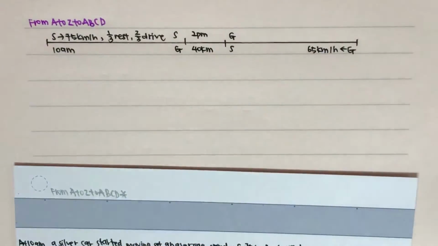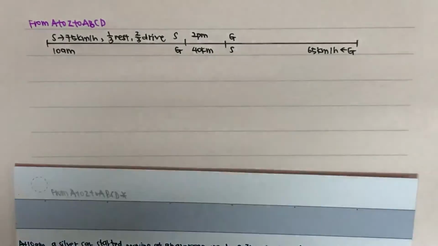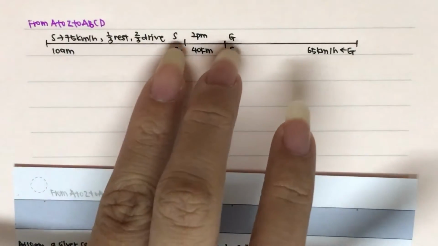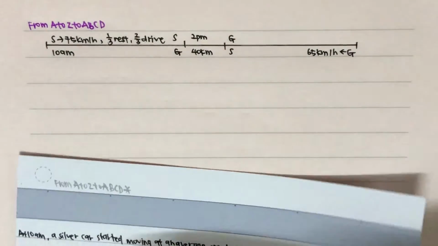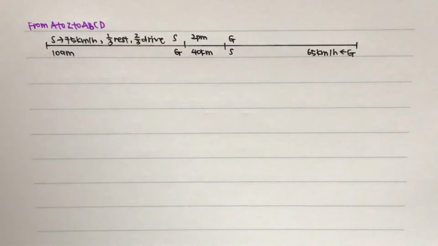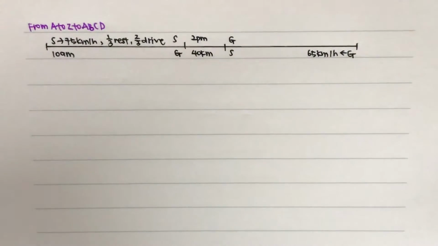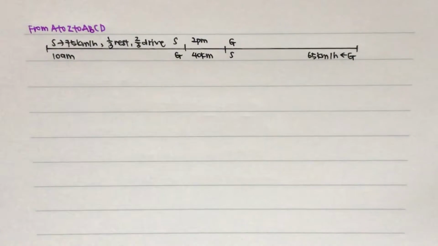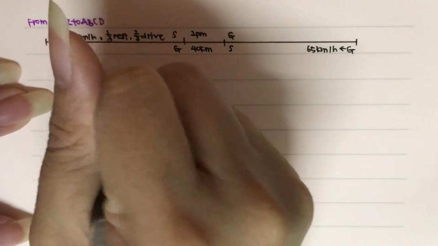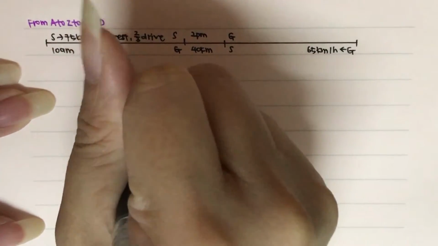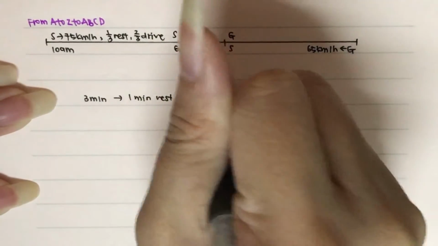Okay. Similarly to the previous question, we actually use an estimation. It could be that the first case is over here, second case is over here. Okay, but it doesn't matter. Since the silver car rests 1 minute for every 2 minutes that it moves, this means that in every 3 minutes interval, 1 minute is rest and 2 minutes is for travel.